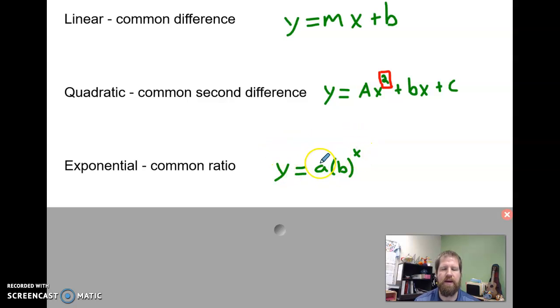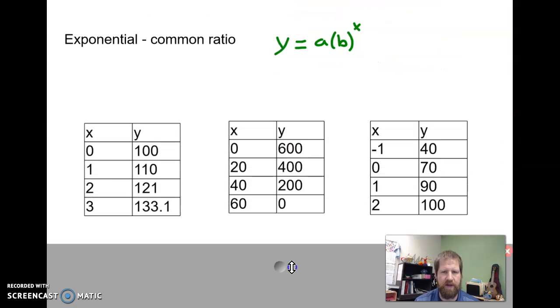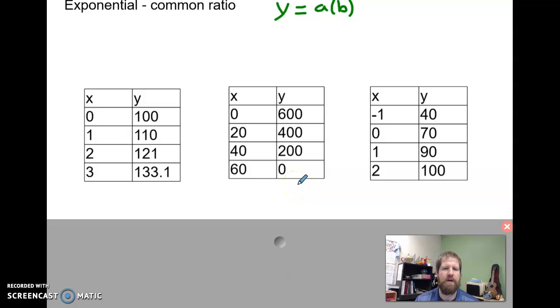If I had 2, I'd have a times b times another b. If I had a 3, a times b times b times b. So each time I increase my x value, I am adding another multiplication by my common ratio.